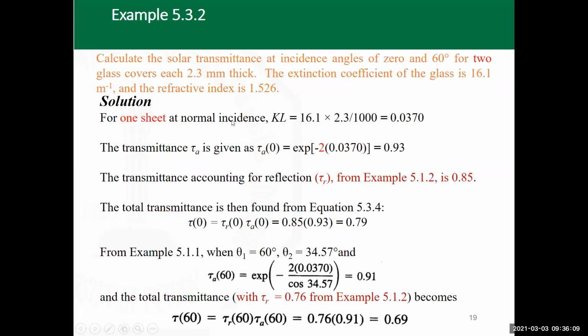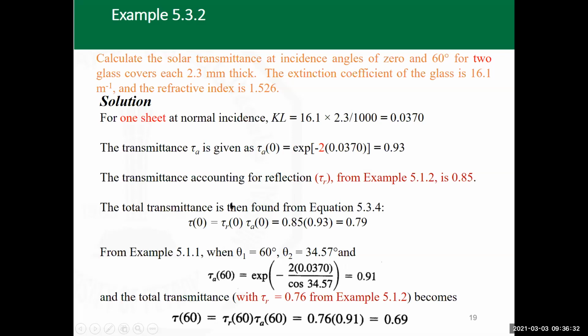For one sheet, KL is equal to the extinction coefficient times the thickness. The thickness here is converted from millimeters to meters, and the value of KL is 0.037. And accordingly, the value of tau A can be calculated here. The value of tau A is 0.93.